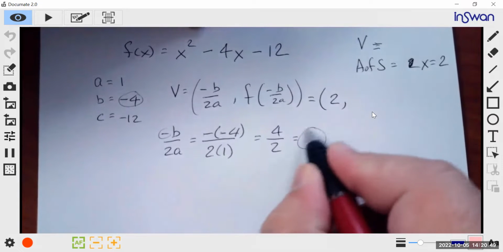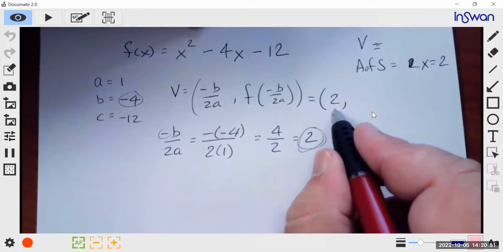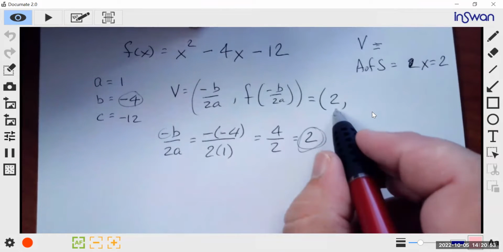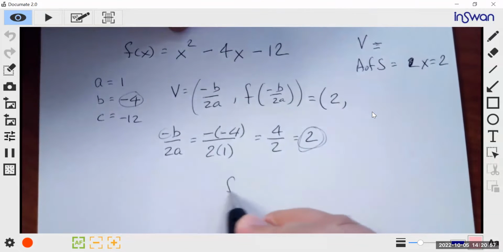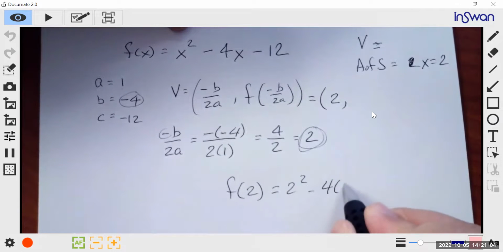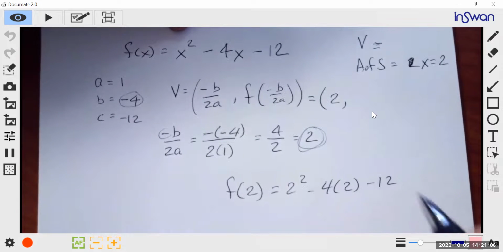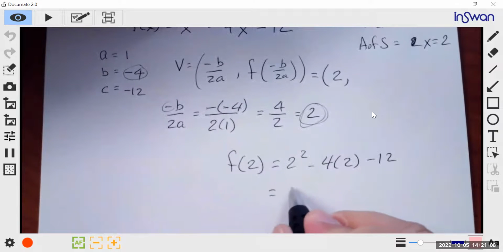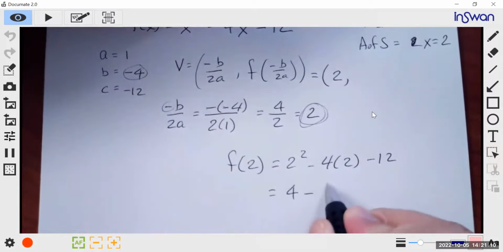Once we found this value, what do we do with it? Yeah, now we go back up here and put it inside our function. 2 squared minus 4 times 2 minus 12. 4 minus 8 minus 12.